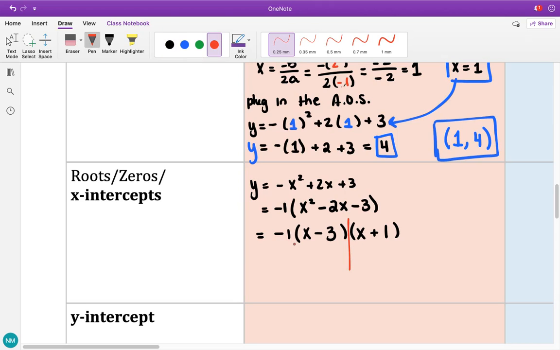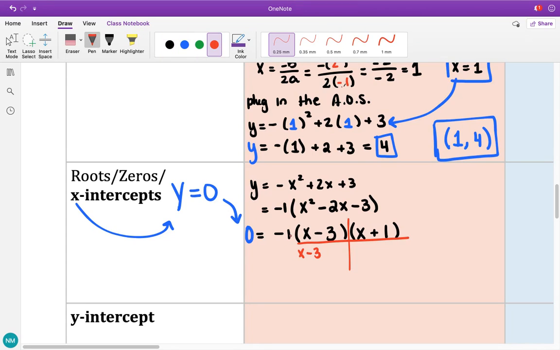And then I use my zero product property, and so I get x minus 3. Remember, we are setting this equal to 0: y equals 0 for x-intercepts. So I set my y equal to 0.